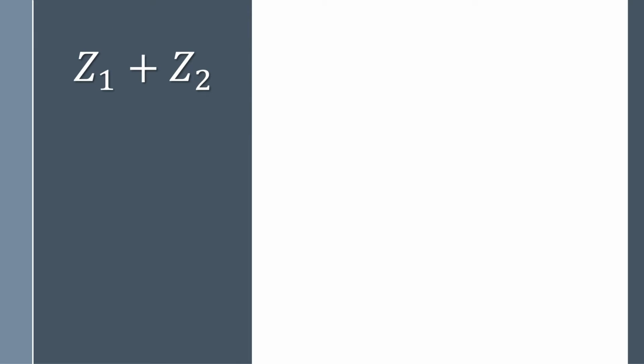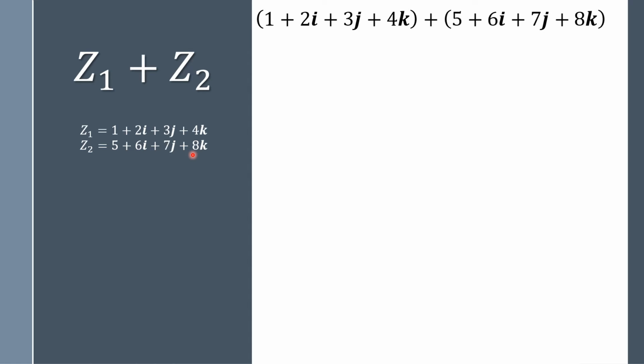So let's start with an addition example. Let's add z1 plus z2. z1 is going to equal 1 plus 2i plus 3j plus 4k. z2 is going to equal 5 plus 6i plus 7j plus 8k. So here we have z1 plus z2.